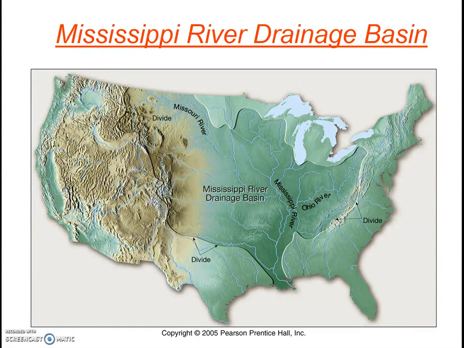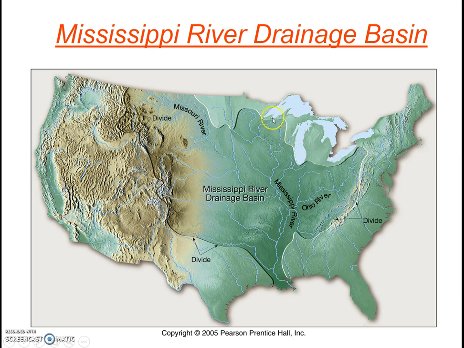So it's all the land area that contributes water to a stream. If we look here, we can identify the drainage basin of the Mississippi River. This is the drainage divide, the high elevation region of the Rocky Mountains and around that separate the Mississippi River drainage basin from the Columbia River and the Colorado River drainage basin. And then over here on the eastern side, the Appalachians separate the Mississippi River drainage basin from other smaller drainage basins to the east.